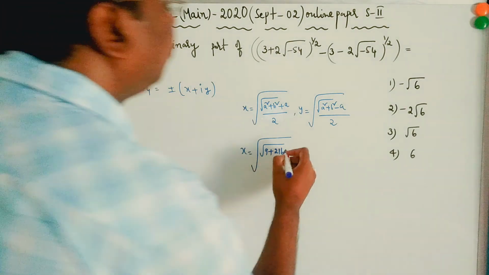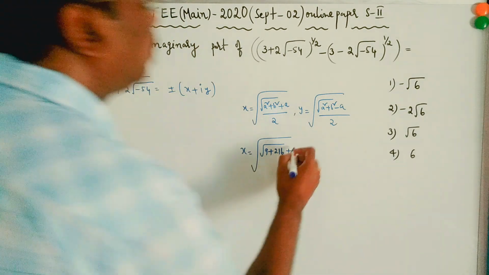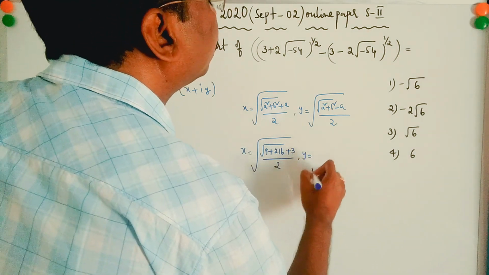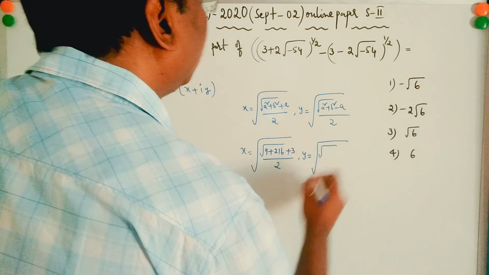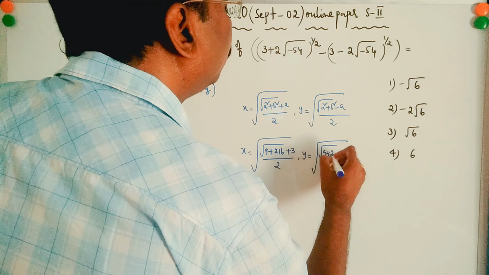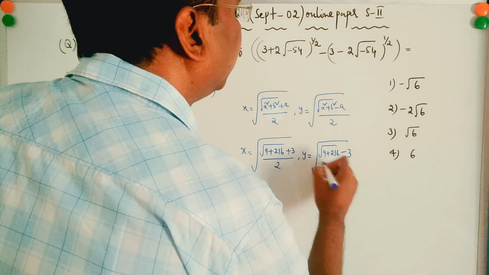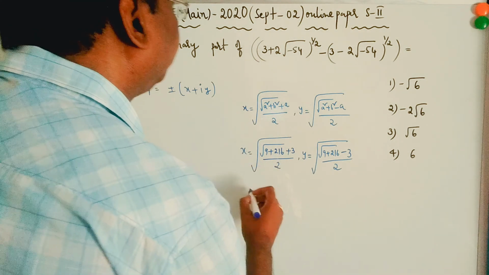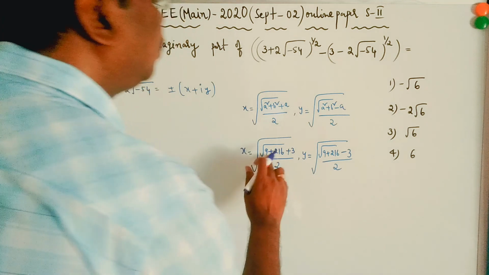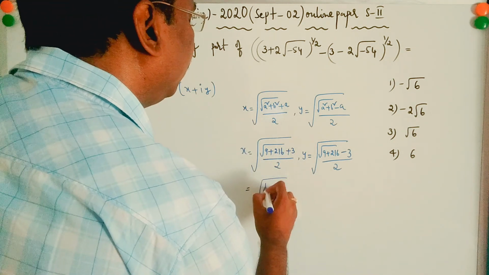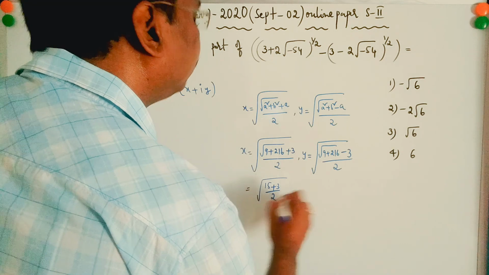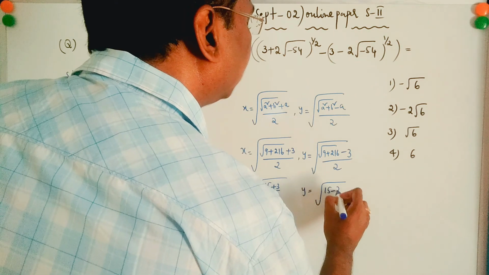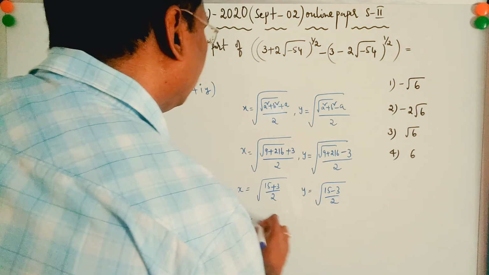Okay, now plus a means plus 3 by 2, and also y is equal to the square root of (√(9 + 216) - 3)/2. Now 9 + 216 is 225, and √225 is 15. So x is the square root of (15 + 3)/2 and y is the square root of (15 - 3)/2.